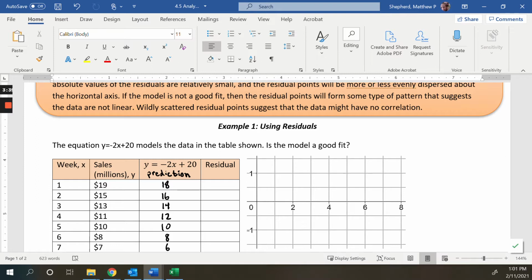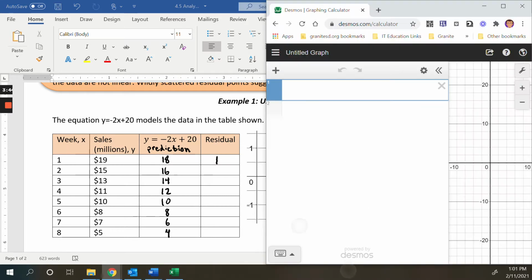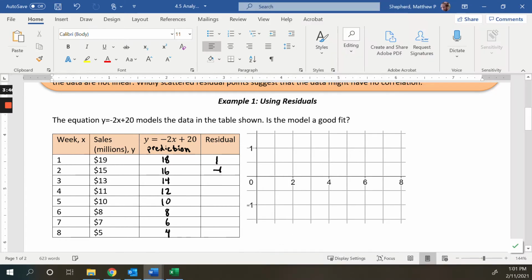So 19 minus 18, we have a residual of 1. 15 minus 16, that's a -1. 13 minus 14, -1. 11 minus 12, -1. 10 minus 10 is a 0. 0, 1, 1. All right, so let's go ahead and look at that.